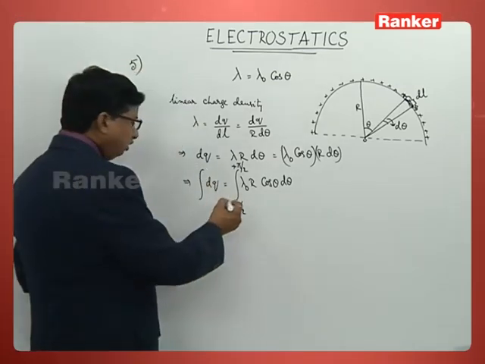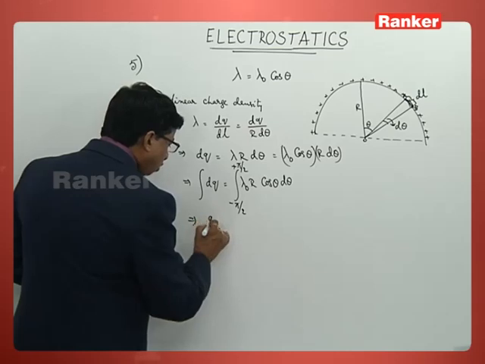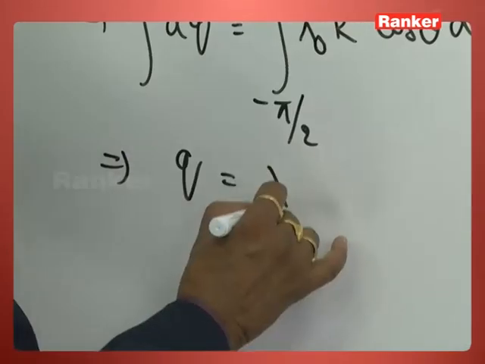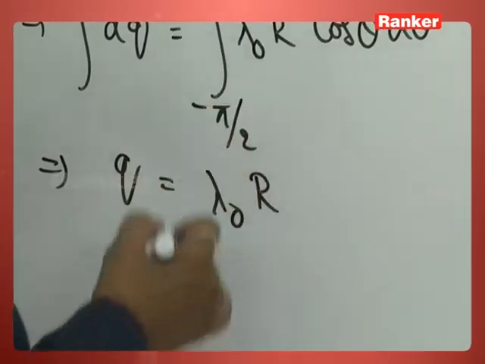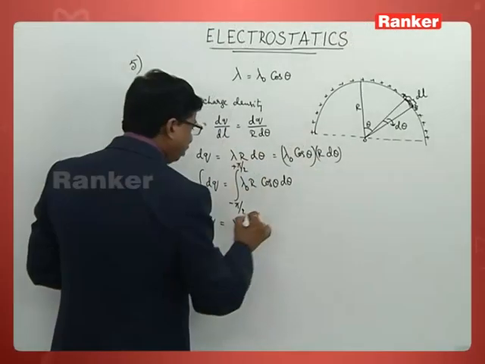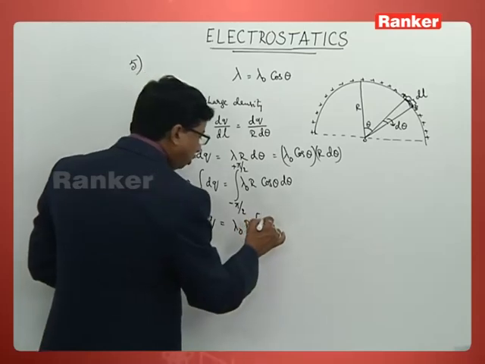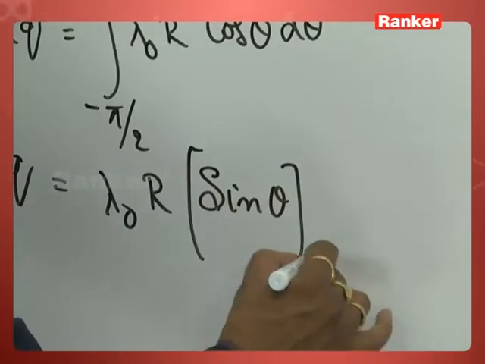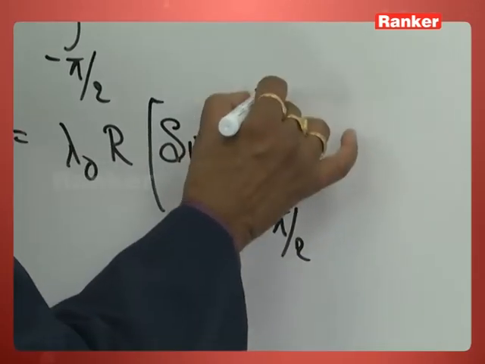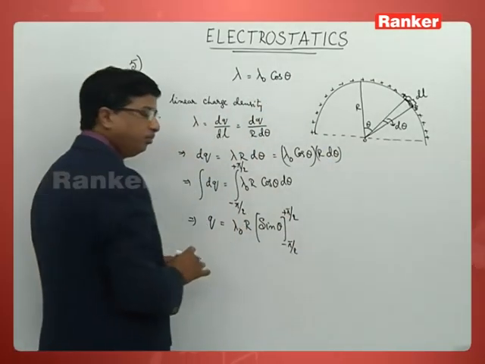Now look at this, q is equal to the integral of lambda naught r cos theta d theta. That of course, integral cos theta now becomes simply sin theta, from minus pi by 2 to plus pi by 2.